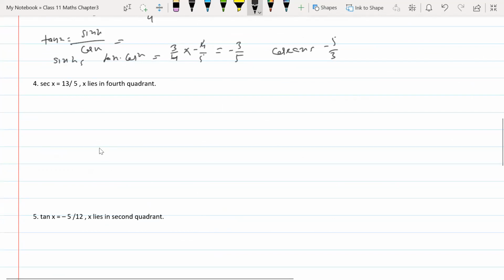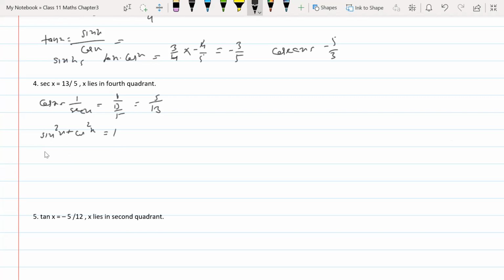Now secant x lies in the fourth quadrant. In the fourth quadrant, secant x is positive, hence cos x will also be positive. Cos x is 1 upon secant x, 1 upon 13 by 5, or it's 5 by 13. So from the trigonometric identity sin square x plus cos square x is equal to 1, we can calculate sin x.